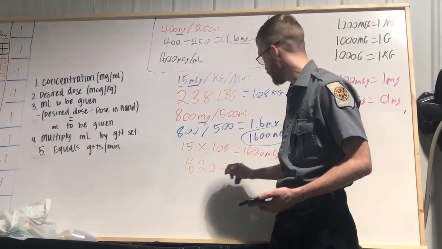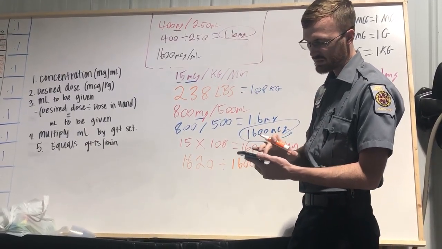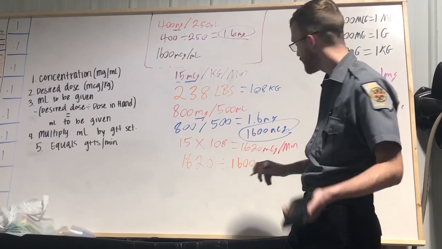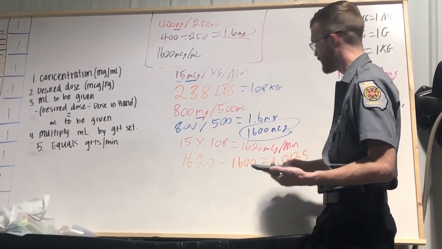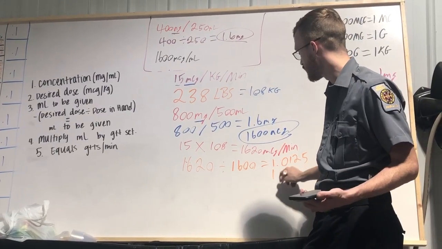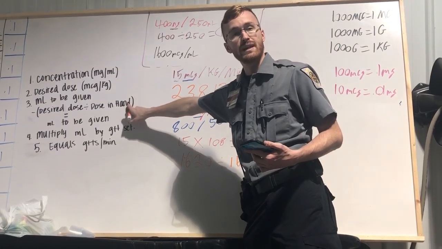So I'm going to do 1620 divided by 1,600. And that is going to equal 1.0125. So we're just pretty much going to say that's going to equal 1. All right? And that is going to be my milliliters to be given.